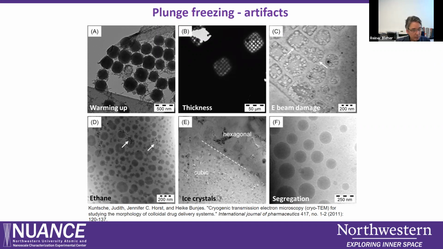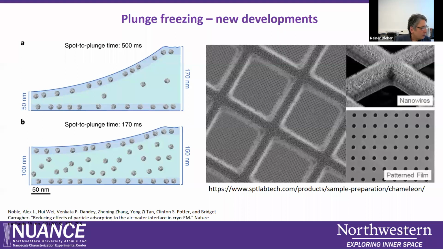So with this, I want to switch to just one new development in the plunge freezing area. For example, it has been shown that the time between the application of a sample to a grid and the freezing should be kept as short as possible.